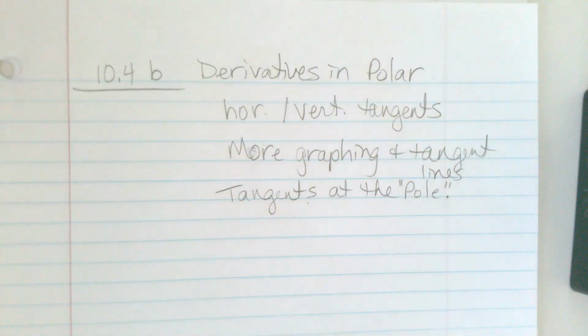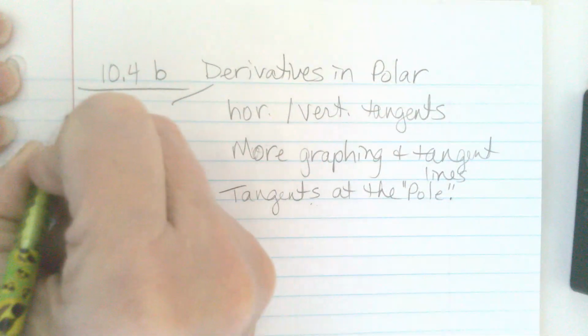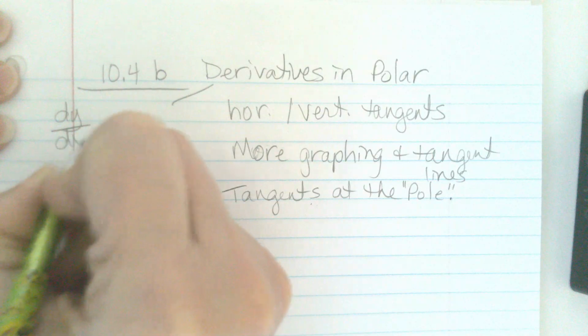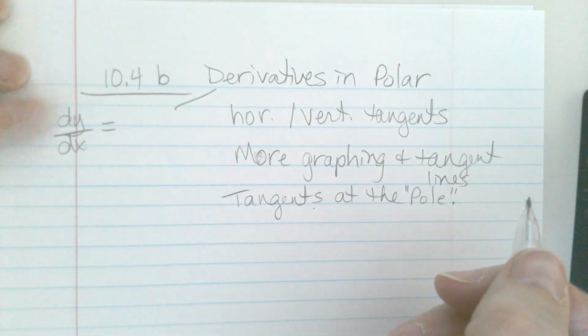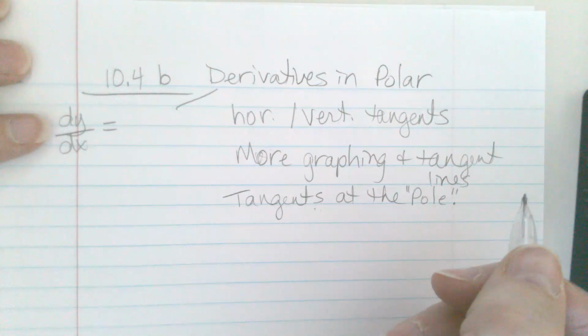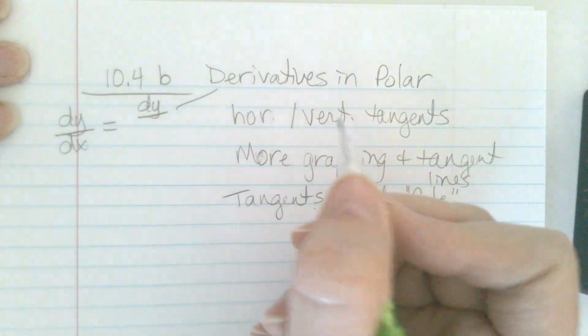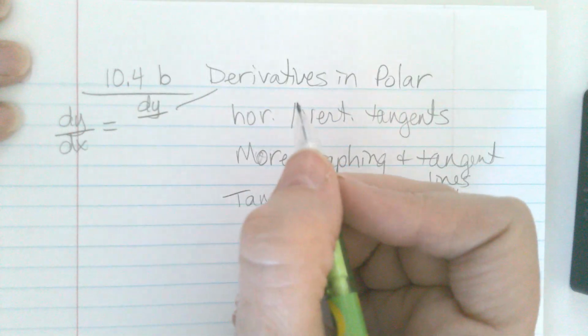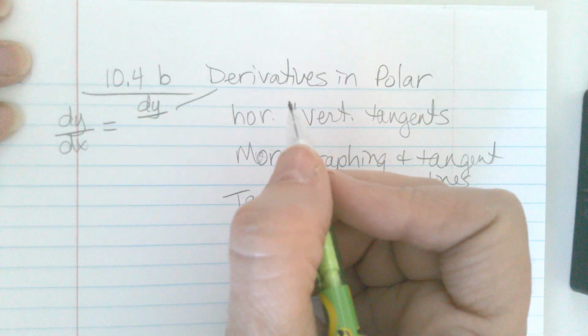So, derivatives in polar. I treat them exactly like derivatives in parametrics. So, what's the formula for derivative in parametric? dy dt over dx dt.